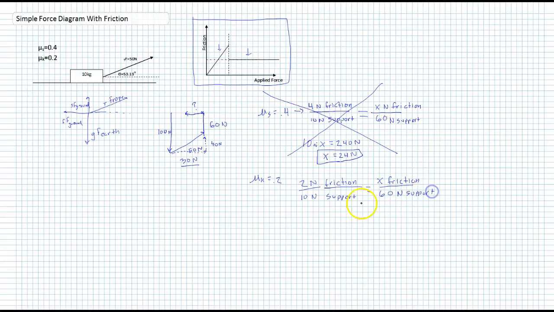Now I'm going to work this out pretty quickly because you can cross multiply just as well as I can. It equals 120, and 10 newtons, so x is going to equal 12 newtons of friction.